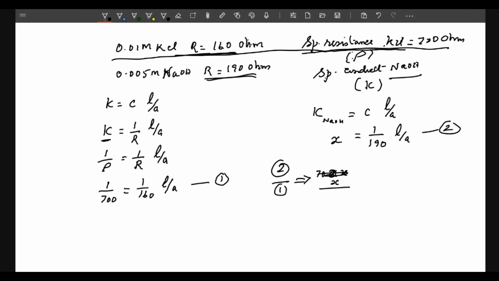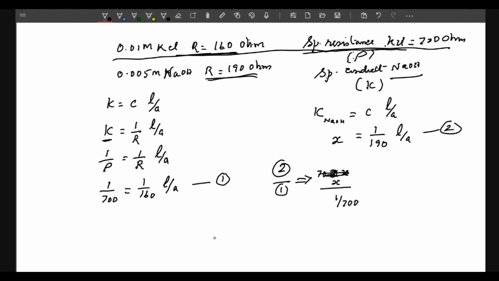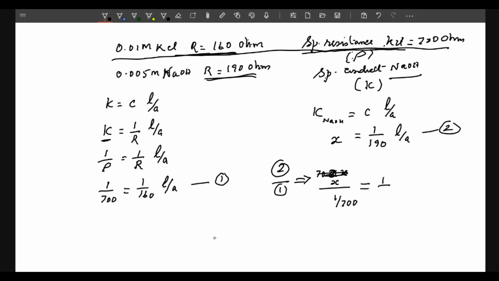X divided by 1 by 700 is equal to 1 by 190 into L by A divided by 1 by 160 into L by A. If you put all this, it is equal to 700X is equal to 160 by 190.